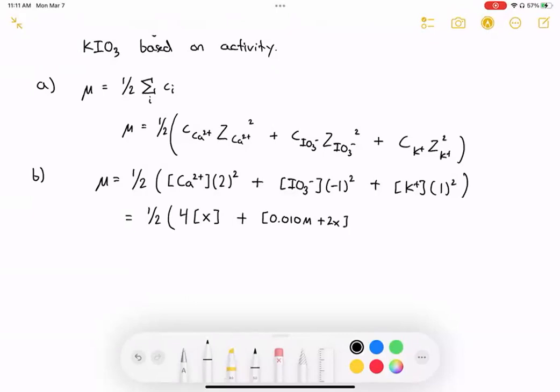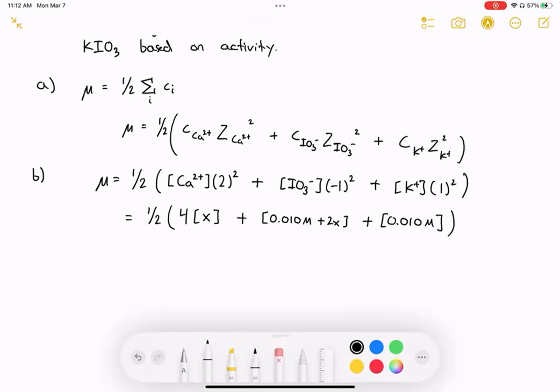And then lastly, we have plus potassium. In this case, potassium will be the amount of potassium we added, so it's 0.010 molar. And since it's multiplied by 1 squared, it just stays 1.